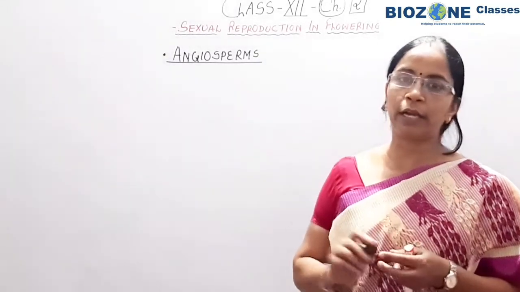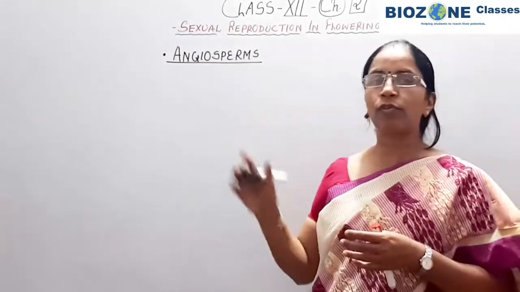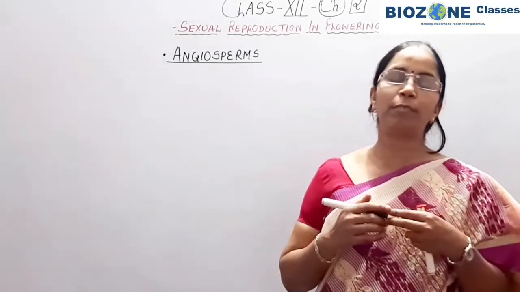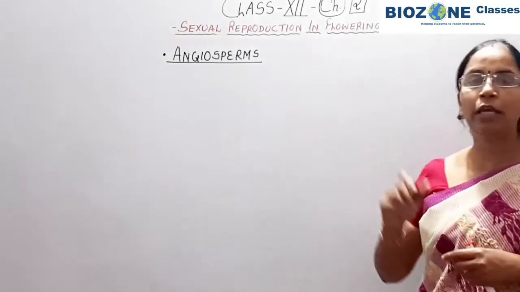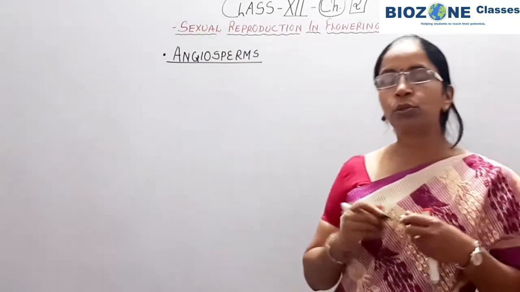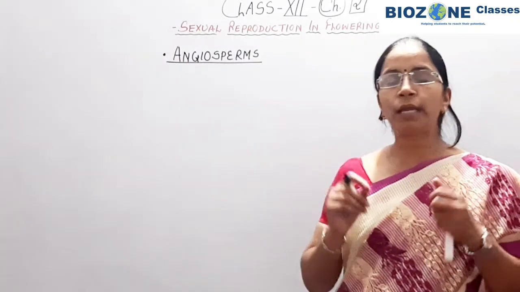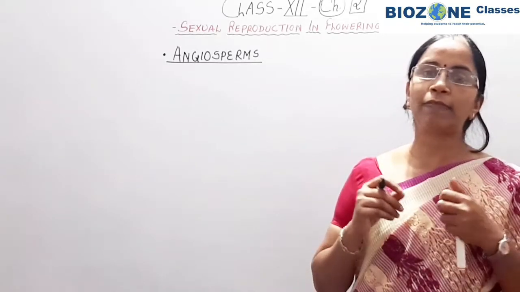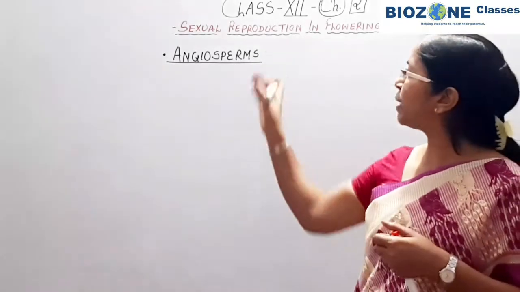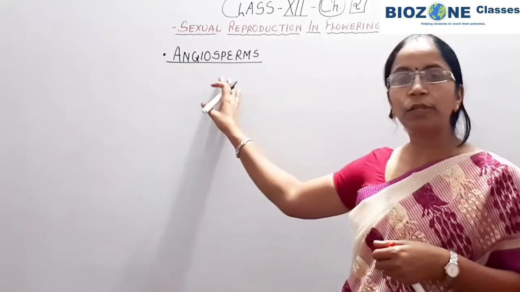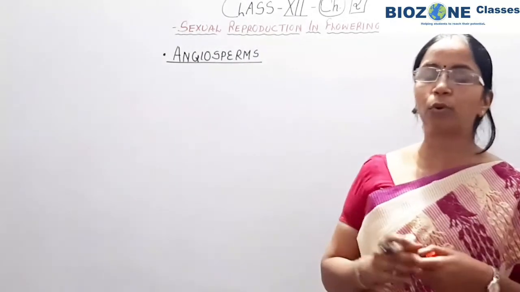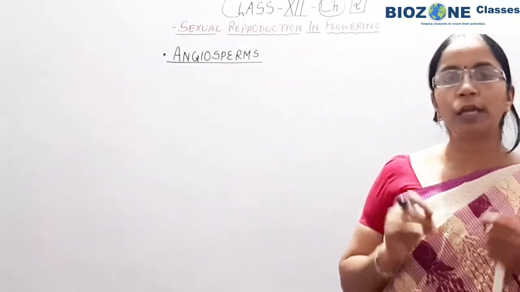The category of plants for which we use the term angiosperms is commonly called flowering plants. In this chapter we mainly study the different events that take place during sexual reproduction. Remember, angiosperm and flowering plant are synonymous.